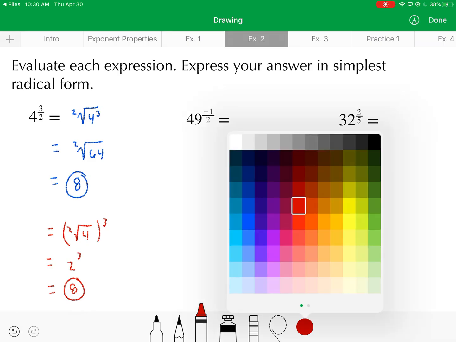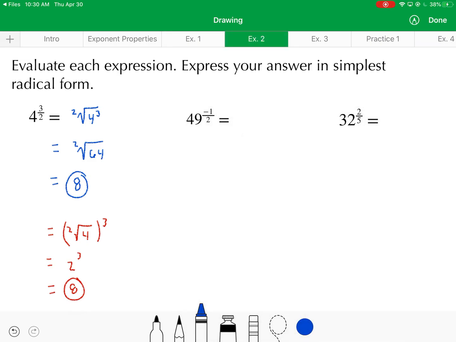Okay? All right, next example in the middle, we have 49 being raised to the negative 1/2 power. So here's our first taste of a property of exponents needing applied. The fact that I have a negative exponent doesn't mean my answer is going to be negative. Okay? That's a very big misconception.